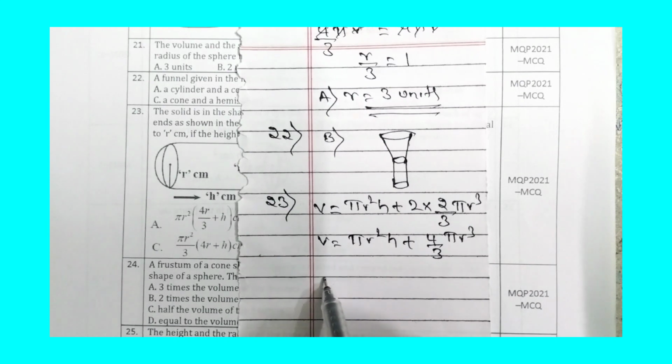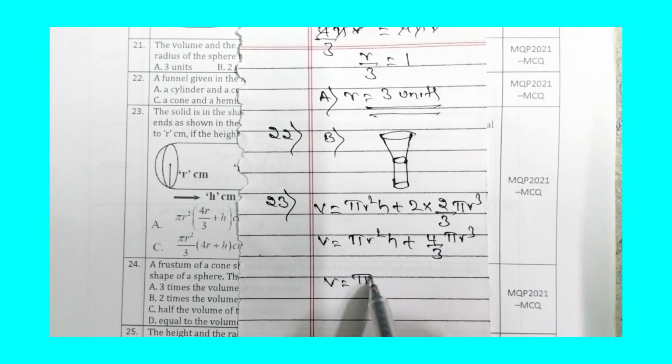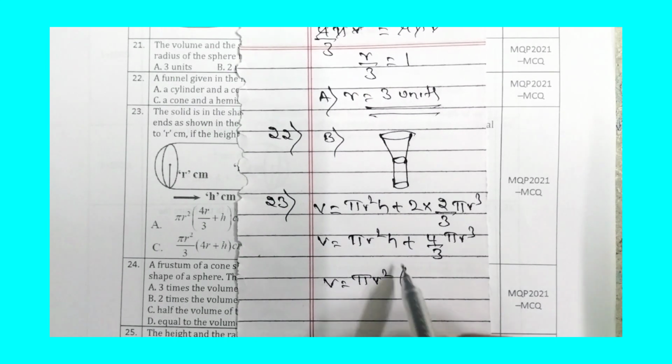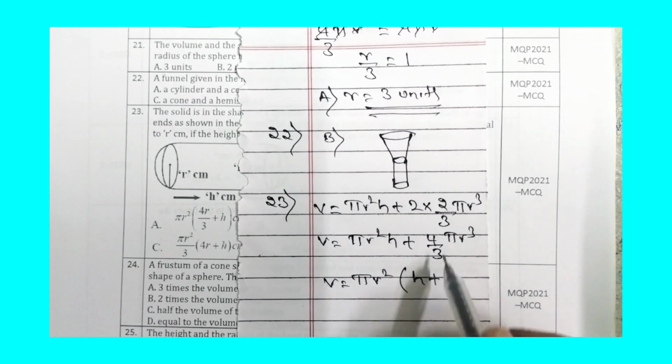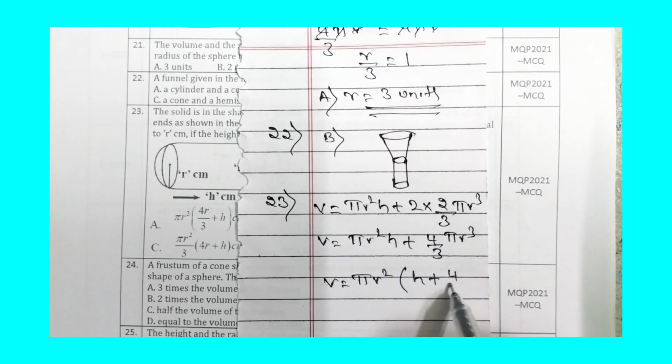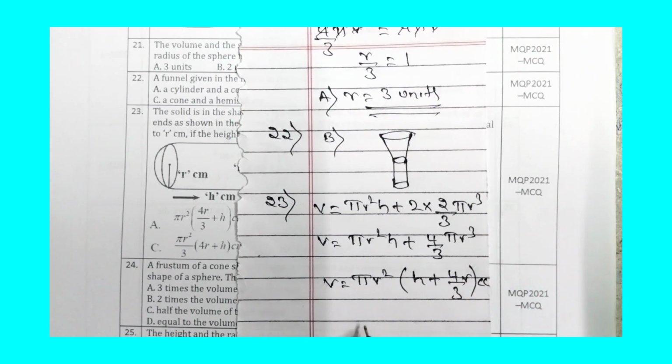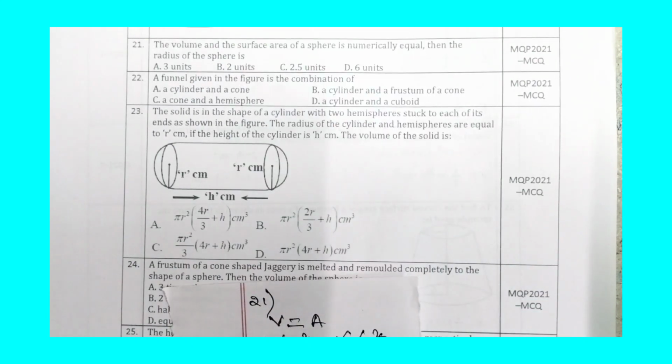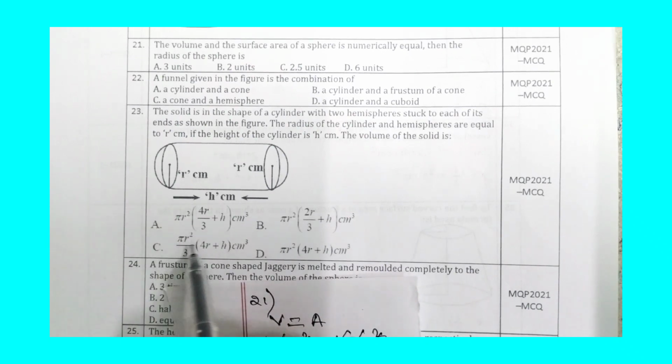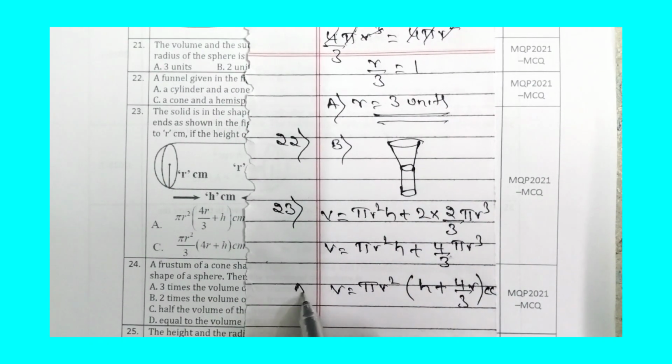Pi r square is common, remaining is h plus 4 by 3 r, cc. Where is this option? This is option A. So pi r square into 4r by 3 plus h cc, that is the answer. So for the 23rd, option A is the right answer.